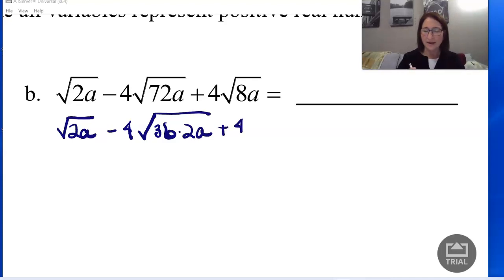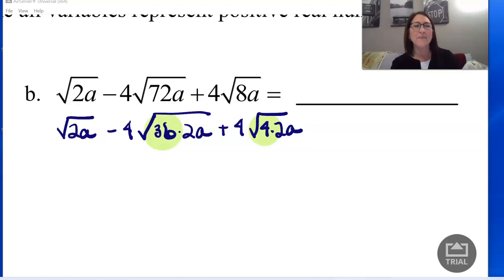Now that 8a, I can break down to 4 times 2 times a. So in both those second two, I have factors that I'm multiplying that are perfect squares. And so I can bring them out.